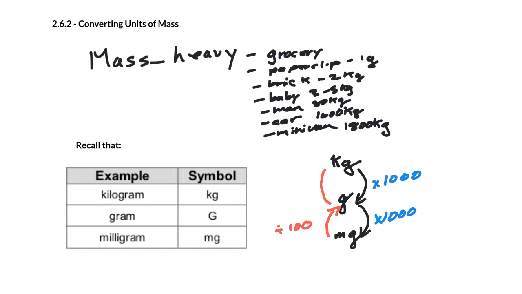And when we're going from small to big again, we divide by 1,000 again. So we're always going to have to use that concept when we're calculating different amounts going from grams to kilograms. All right, so when we do our next page, make sure you understand that.